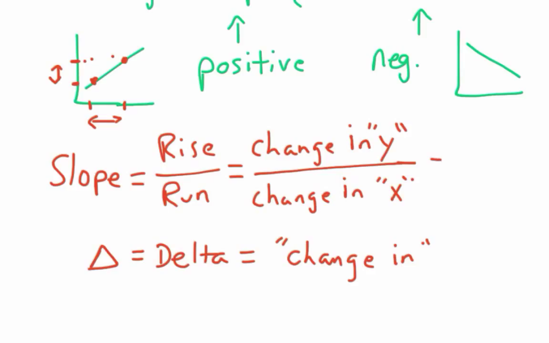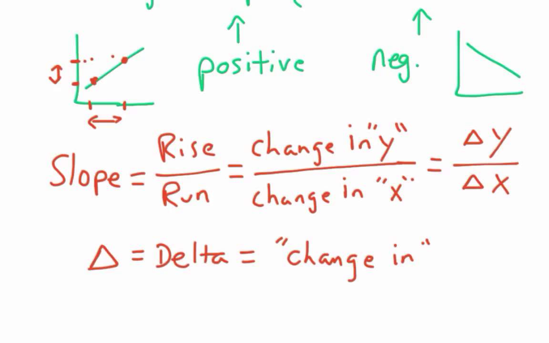If we apply that to our equation up above, the rise is the change in y. One way to write that that's shorter is a little triangle and then a y, or delta y, which becomes a change in y. And change in x is similar: the delta x gives us the change in x. So maybe pause the video a sec if you need to copy some of that down.